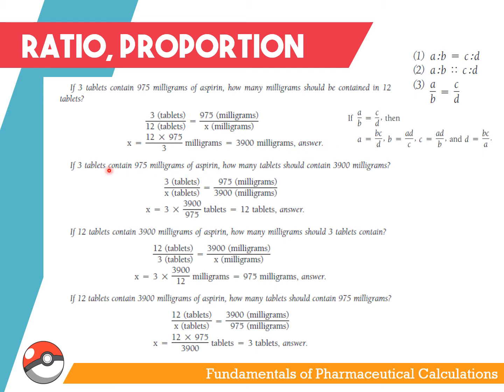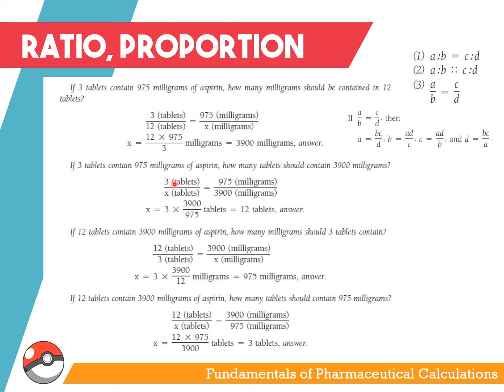Another example. If 3 tablets contain 975 milligrams of aspirin, how many tablets should contain 3,900 milligrams? In this problem, what is asked is the number of tablets that should contain 3,900 milligrams. You write the given, you have 3 tablets again, and it contains 975 milligrams.